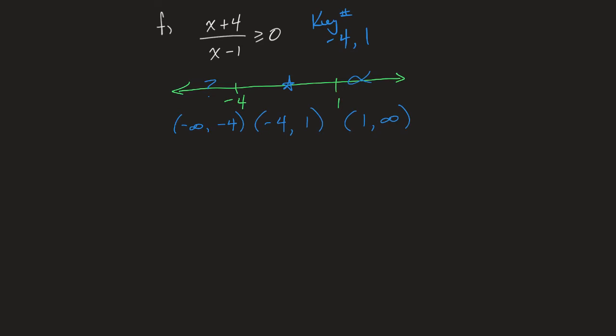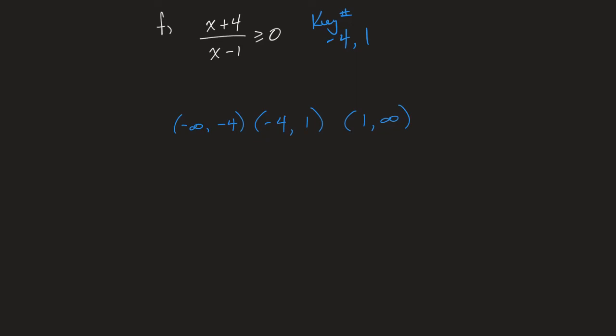What I have in blue there is me taking my number line and just breaking it up into intervals. Okay, I'm going to get rid of that ugly number line now because we can see it in my blue intervals. So now what we can do is take an x value that fits inside of each one of those intervals and just test it.